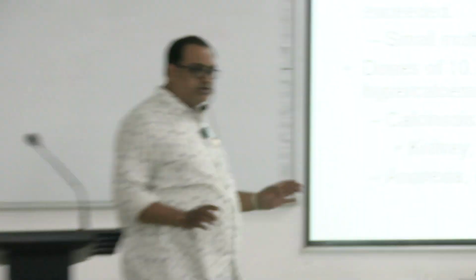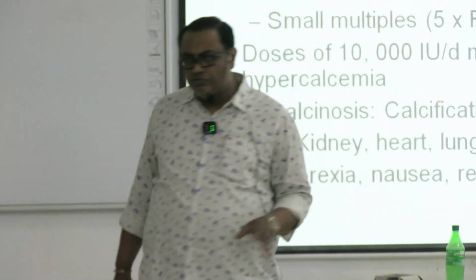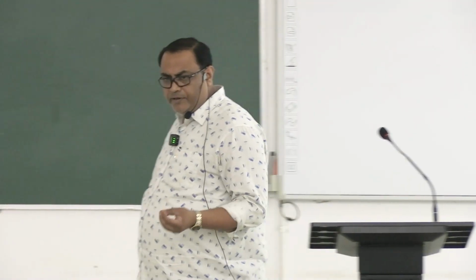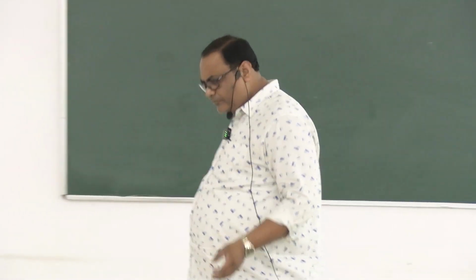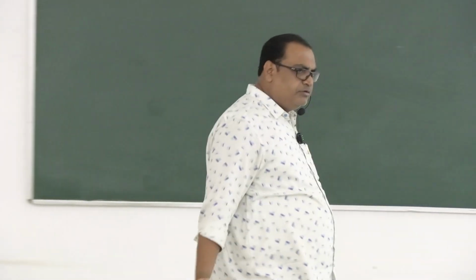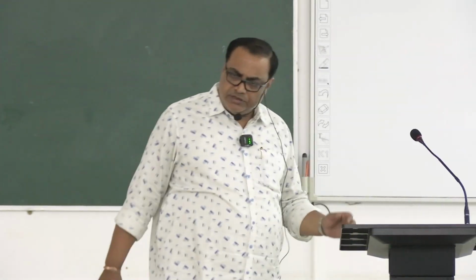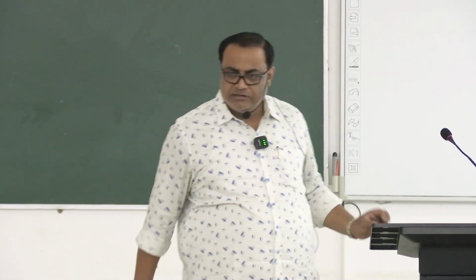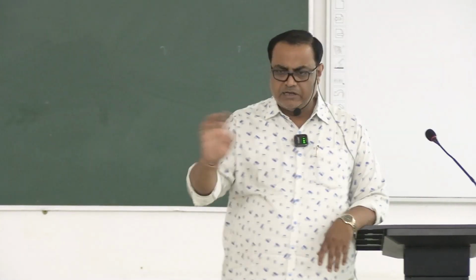Calcium toxicity may lead to calcinosis, formation of calcium calculi in the renal system. Correct? So that means formation of stone. Hypercalcemia may lead to cardiac arrest also. If you inject calcium salt, you will have cardiac arrest. Very easy to commit a murder.